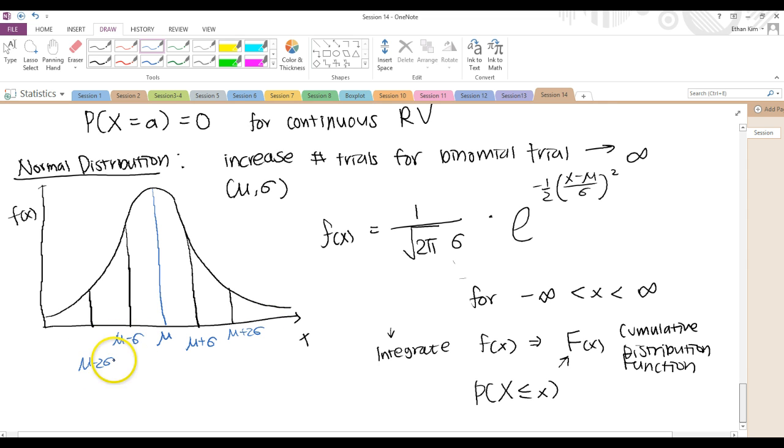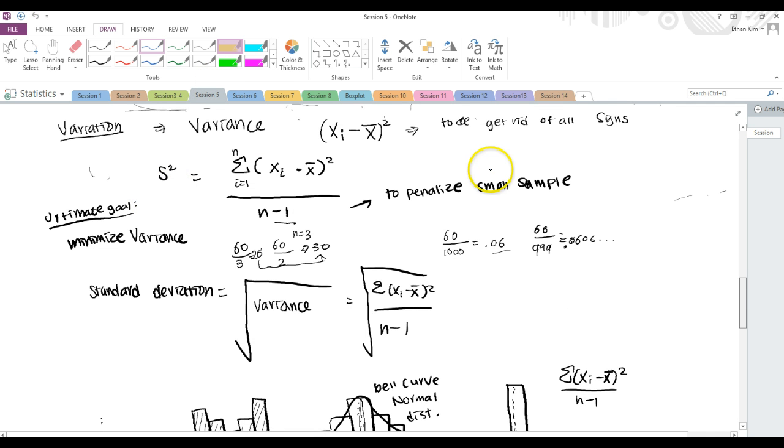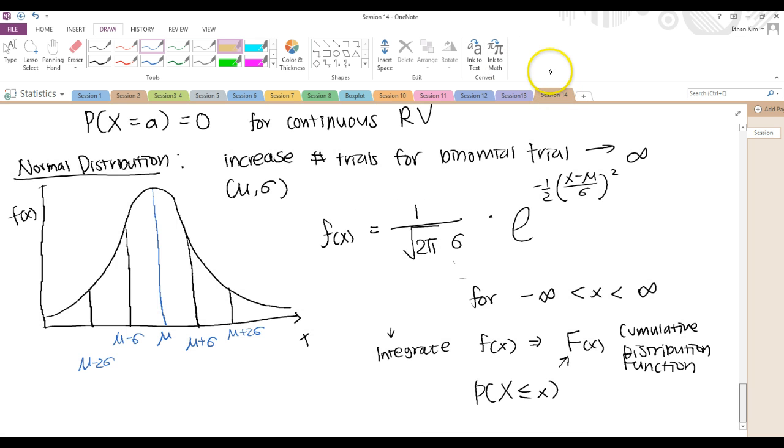One thing that's nice about this is that if you were looking at the area between 1 standard deviation away from the mean, so if you're looking at this part, this is always 68.3% of the data, 1 standard deviation away.